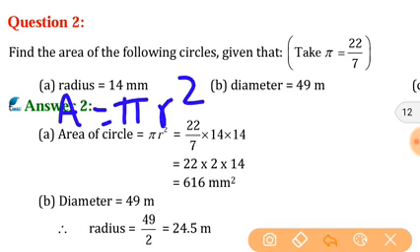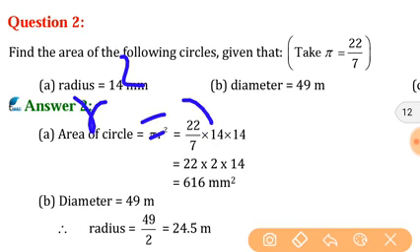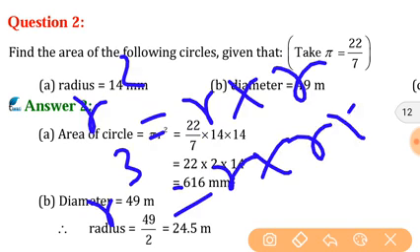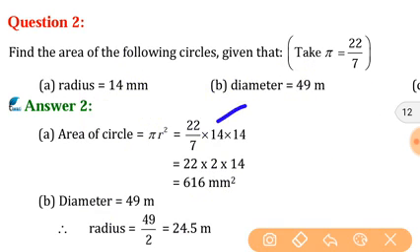R square means we multiply 2 times, r into r. If it is r cube, it means r into r into r. So here, r square means 14 into 14.